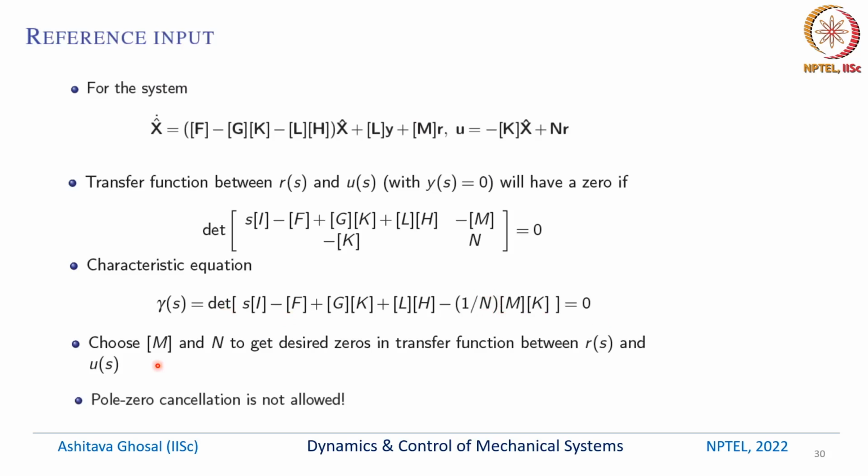So we can choose this M and N to get the desired zeros in the transfer function between r of s and u of s. One thing to be kept in mind is that we do not want any pole zero cancellation. So we do not want a zero which is sitting on top of an existing pole.